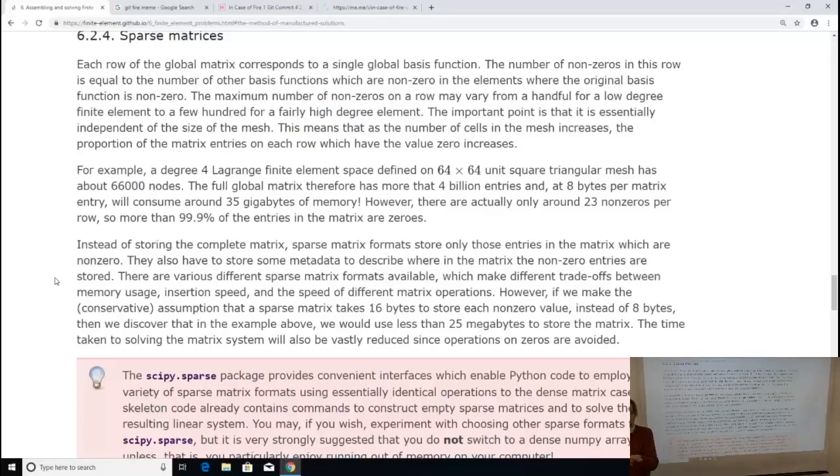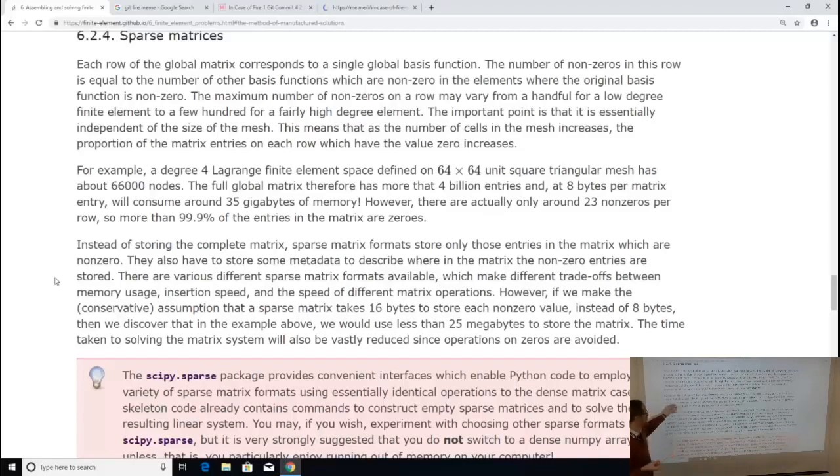And so as you make the mesh bigger and bigger, what you're doing is adding more and more elements which are topologically far away. And so the number of non-zeros on each row of a mesh is approximately constant regardless of the size of the mesh. So this is horrifically wasteful.